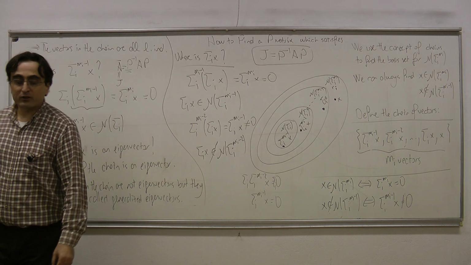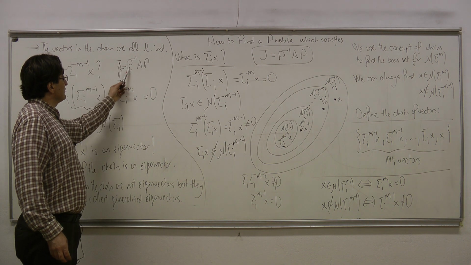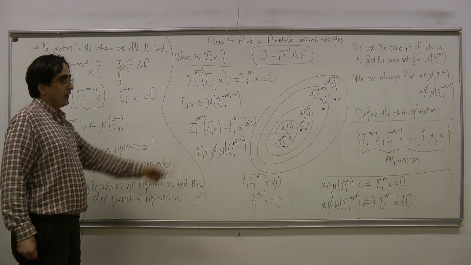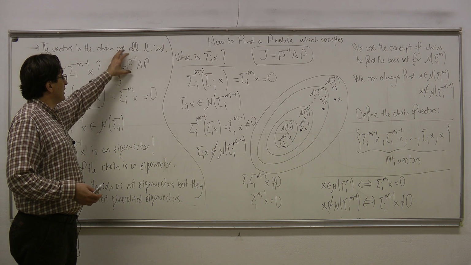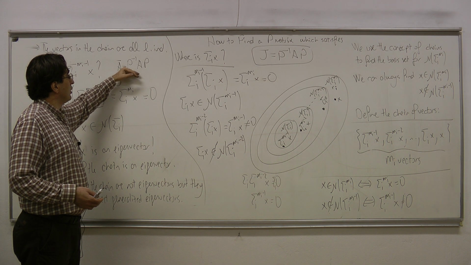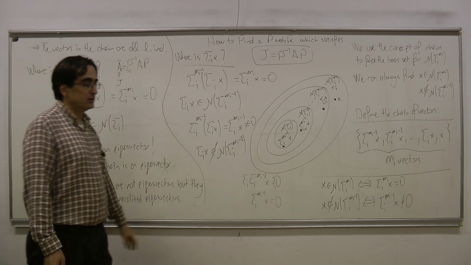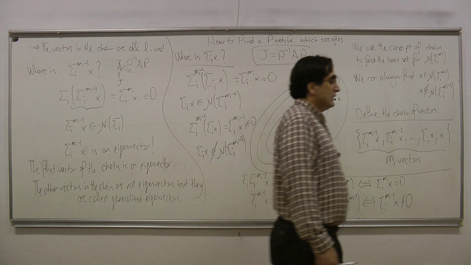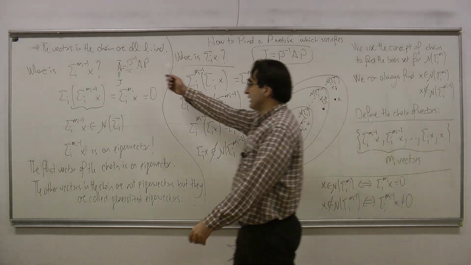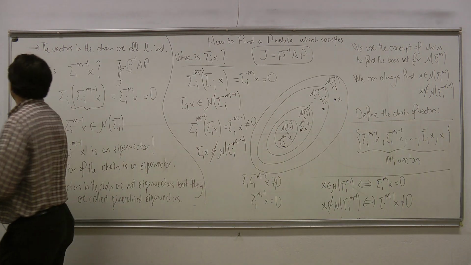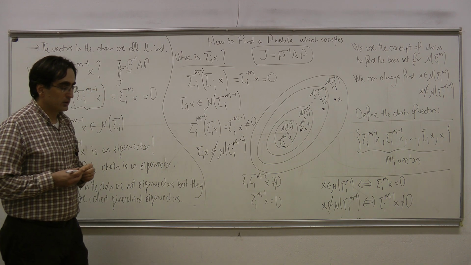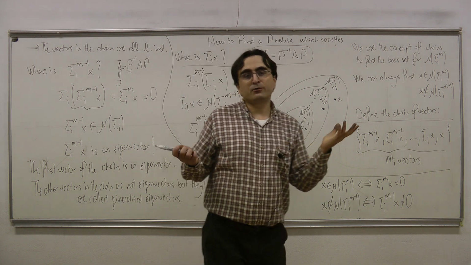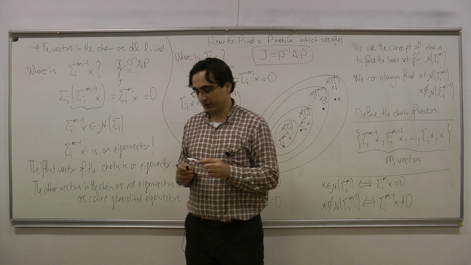So in the coming lectures we will learn how to choose the columns of this P matrix out of those chains, and then we will show that when we choose our P matrix out of such columns from the chains, our new representation will be in the Jordan canonical form. So A bar is going to turn out to be in Jordan canonical form. Okay? But these are for the coming lectures.